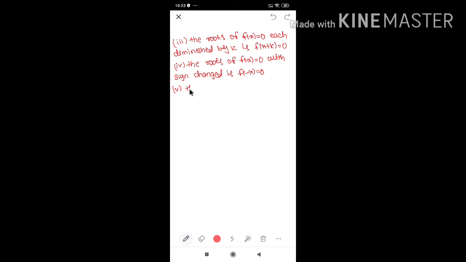Fifth, the roots of f of x is equal to 0, each multiplied by k, k is not equal to 0, is f of x by k is equal to 0. Today this much is enough.